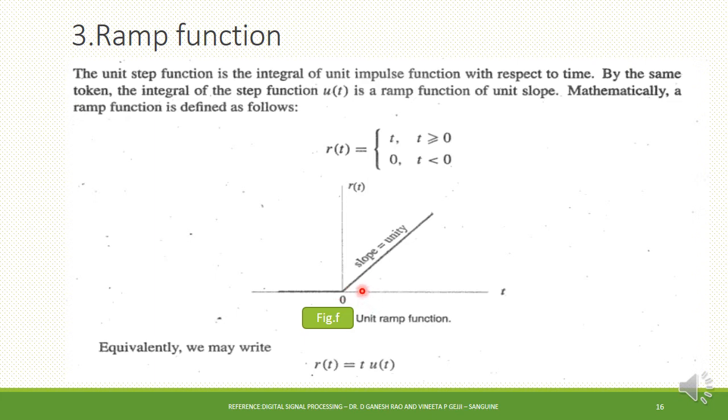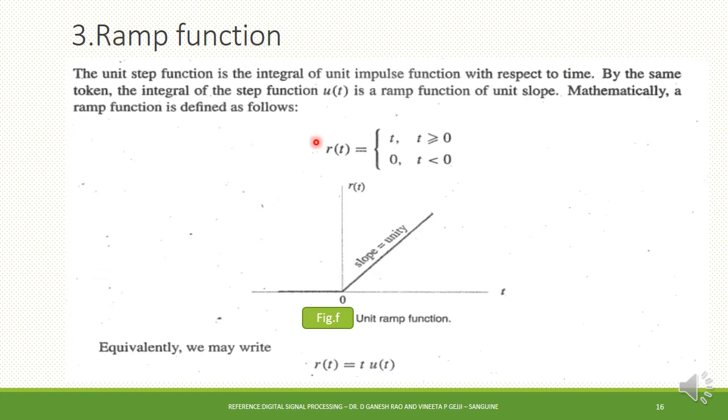If t is equal to 1, r of t is also 1. Here you keep the point. Similarly for 2, you put the point, like that 3 and 4. That is why you get a slope of unity. When combining these points you get the ramp, so that is why it is called a ramp function.